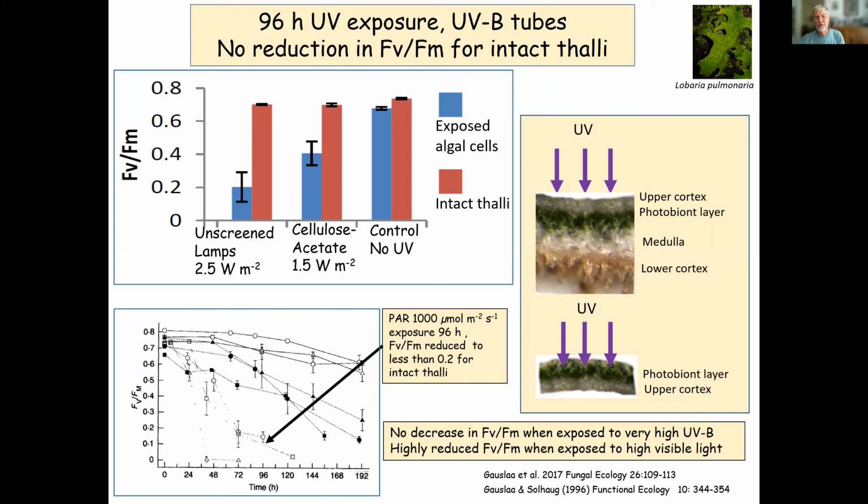On the other hand, if the same intact thalli are exposed to high visible light for the same time, then photosystem 2 efficiency is highly reduced. So there is no decrease in FV/FM, photosystem 2 efficiency, when the thalli are exposed to very high UVB, but it may be highly reduced, at least for shade-tolerant lichens, when they are exposed to high visible light.